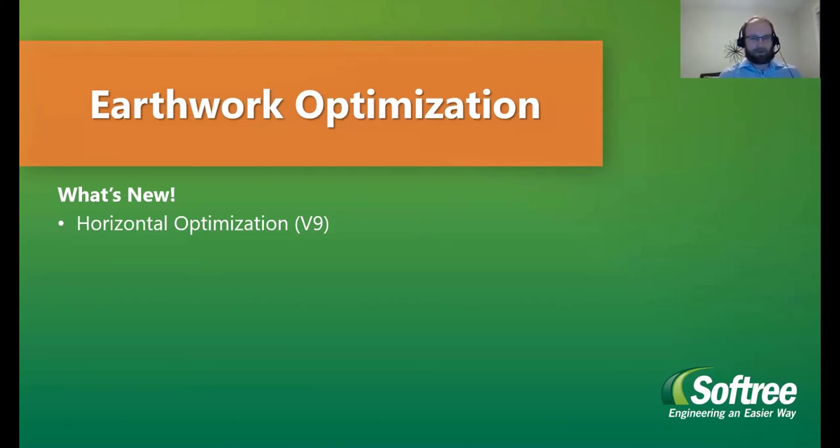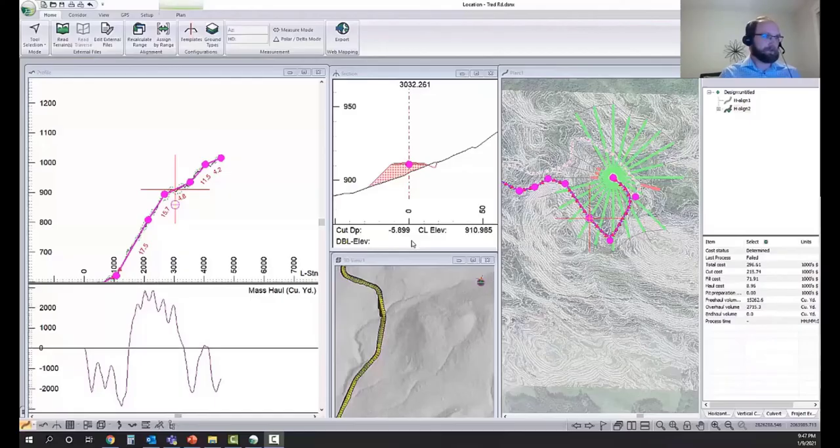So this is taking your design process and turning it into an automated one. The horizontal optimization function that I'm not going to show, it works by adjusting your IP locations that you've clicked in your horizontal and running the vertical optimization on top of that and iteratively going through to find a better solution for your road. So we'll show the vertical and we'll talk about a bit of what's going on here.